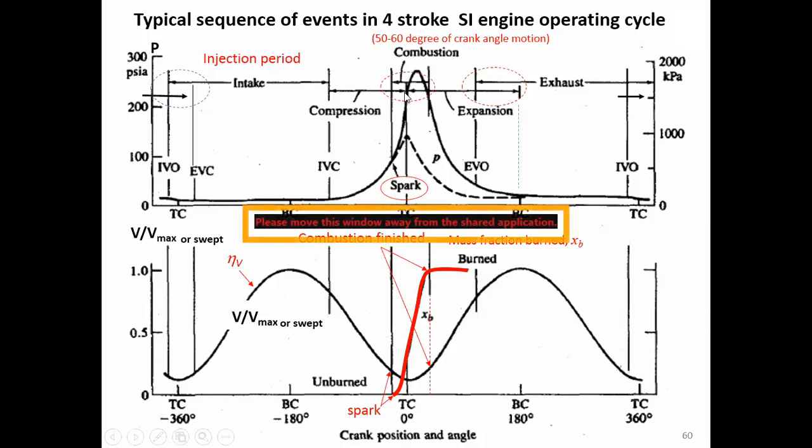This is truly the effect of the burned gas or the combustion that makes the pressure increase. Right? So the pressure keeps rising until this point, where the effects of the combustion start to subside or reduce. Then the pressure starts to reduce.